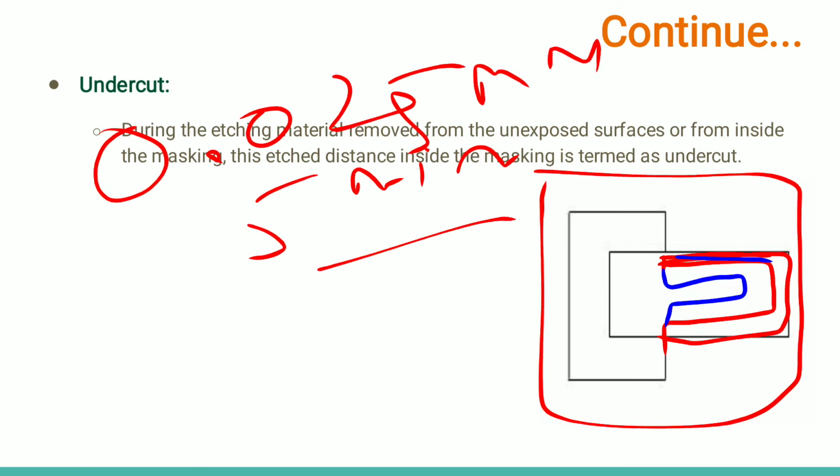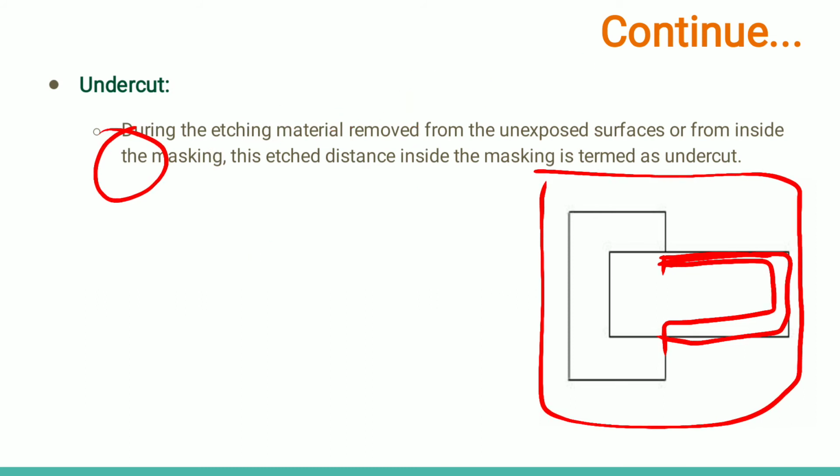But what is happening is important. When the first 0.025 mm of this material is removed, at that time the chemical agent is coming in contact with the unexposed area. So the chemical solution is coming in contact with this surface.